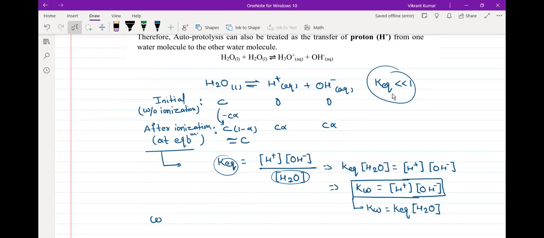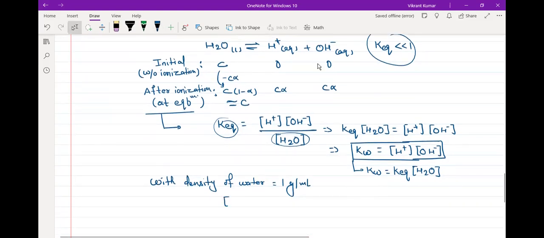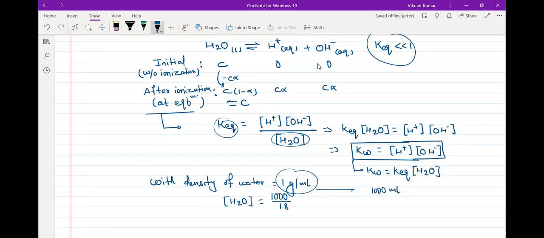Now, with density of water equal to 1 gram per ml, the value of C, the concentration of H2O, will be 1000/18. How did this come? If I am having this density, then 1000 ml, which is 1 liter, is having 1000 gram water, and 1000 gram water means 1000/18 moles of water.